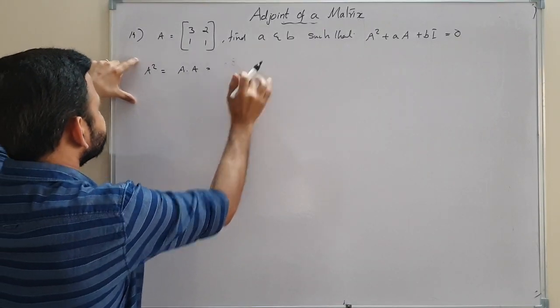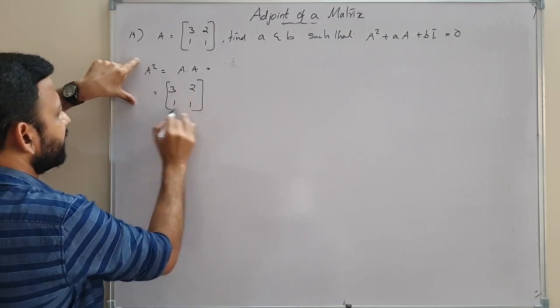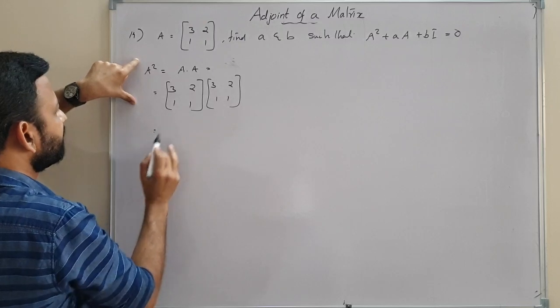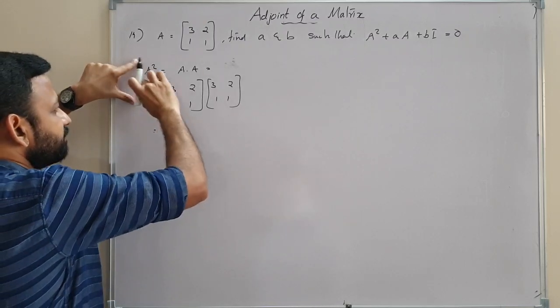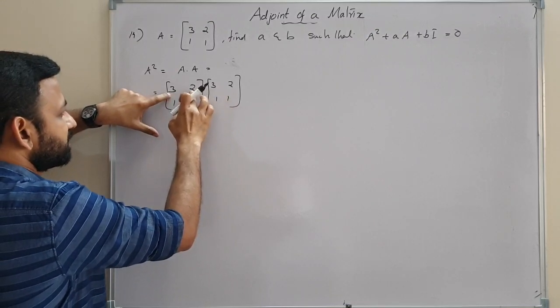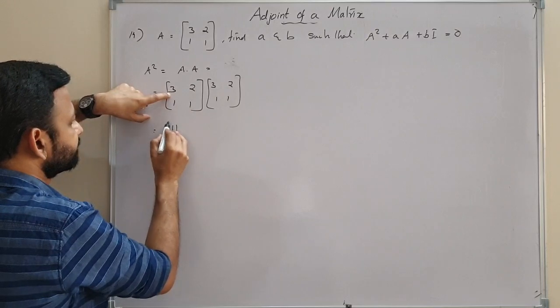3, 2, 1, 1, A into A, again 3, 2, 1, 1. Now we can find the product of the two matrices. First row into first column, 3 into 3, 9, plus 2 into 1, 2, 9 plus 2, 11.